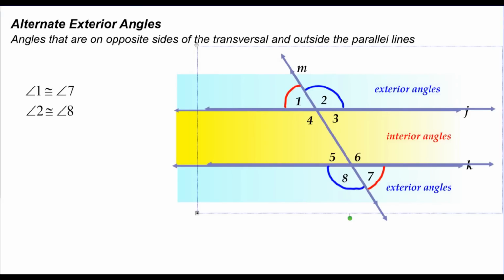Again, kind of a reflection of each other. So angle 1 is congruent to angle 7, and angle 2 is congruent to angle 8. So those are alternate exterior angles: angles that are on the outside of the parallel lines, but on opposite sides of the transversal. So alternate exterior angles are also congruent.